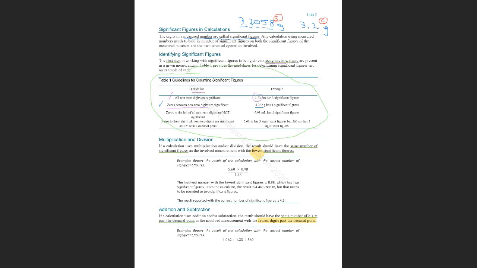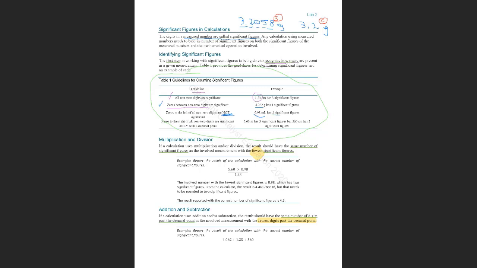Zeros to the left of all non-zero digits are not significant, which means they are giving me 0.094, and they say it has 2 sig figs, because the zeros to the left, we call them leading zeros, the zeros at the beginning, they don't count.